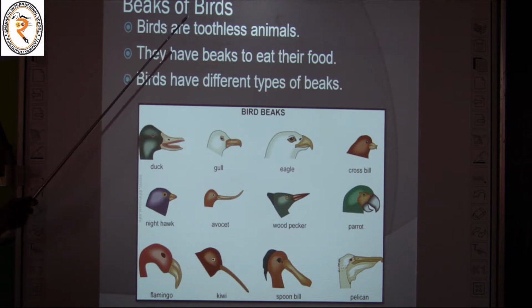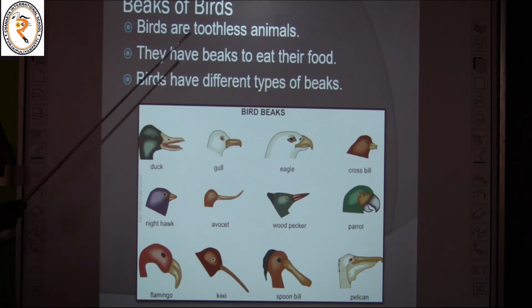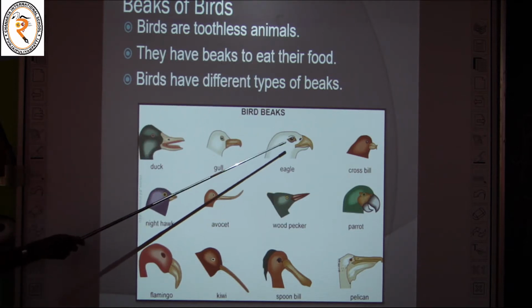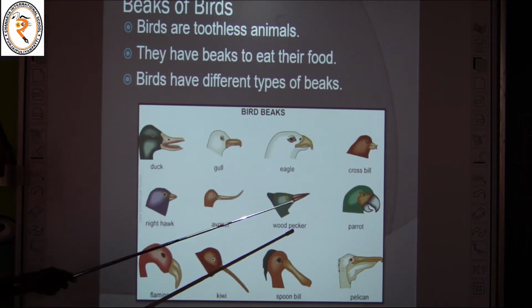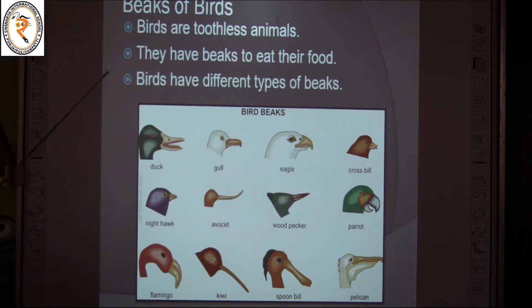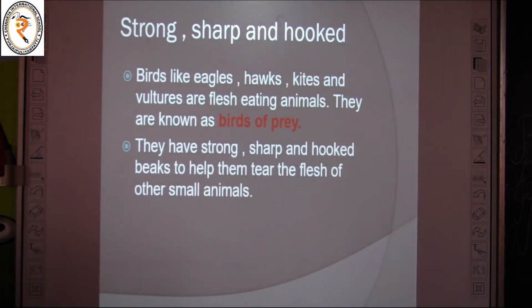They have beaks to eat their food, and they have different types of beaks. Let us see about strong, sharp and hooked beaks.